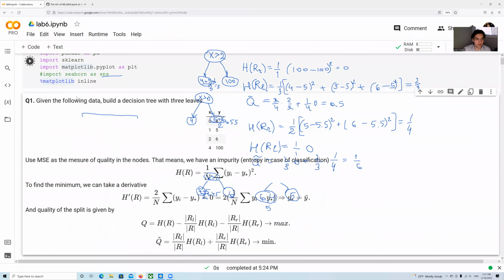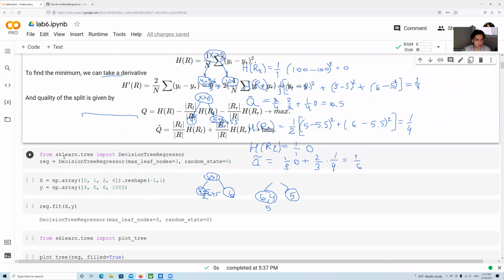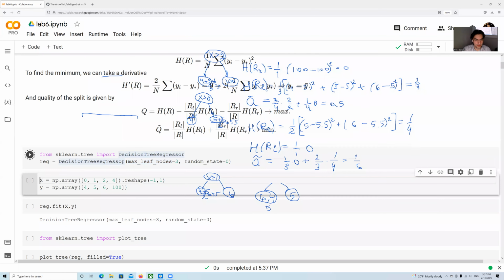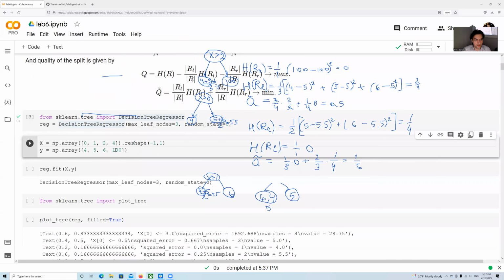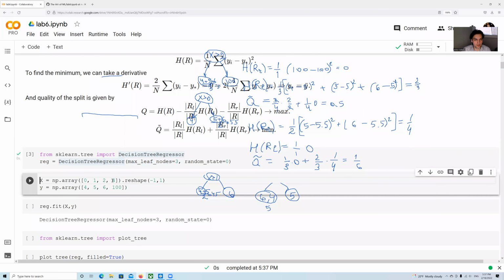Let's run this code. So we import the decision tree regressor. We indicate the maximum number of leaves. Then we create our data, x: 0, 1, 2, and 4.